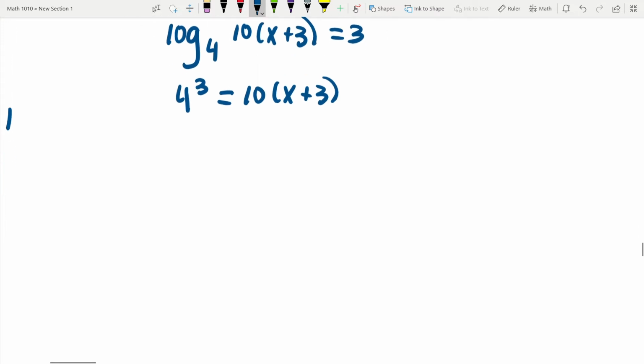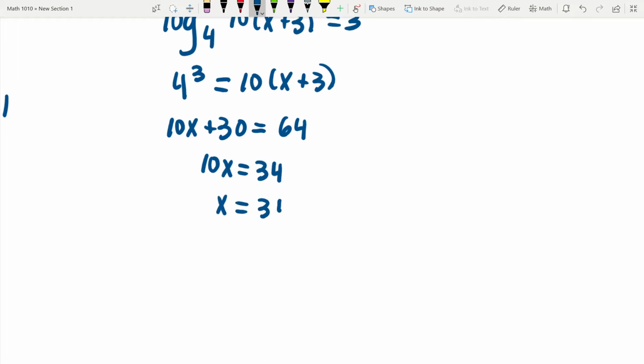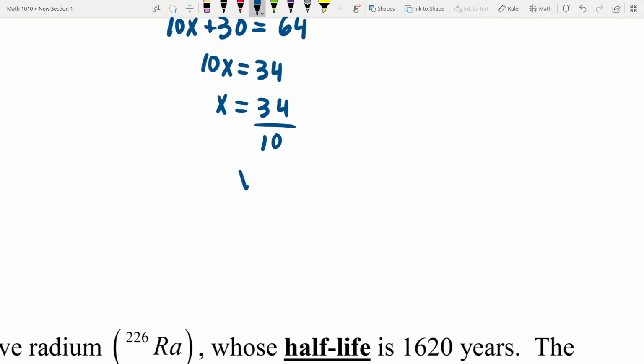I'm just trying to go slowly and carefully for you. Okay? Distribute 10x plus 30 equals 4 to the third is 64. Move my 30. 10x equals 34. Divided by 10. X equals 34 over 10. 34 over 10 reduces. So it's going to be x equals 17 over 5.